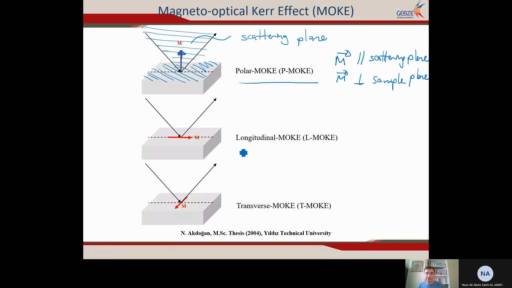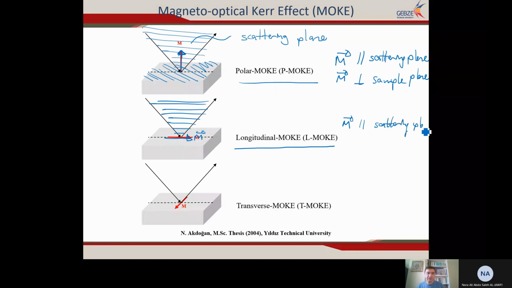In case of longitudinal MOKE or L-MOKE, we have a scattering plane, and the photon comes and reflects from the surface. The magnetization vector is again parallel to the scattering plane, and it is also parallel to the sample plane. Then this is called longitudinal MOKE.